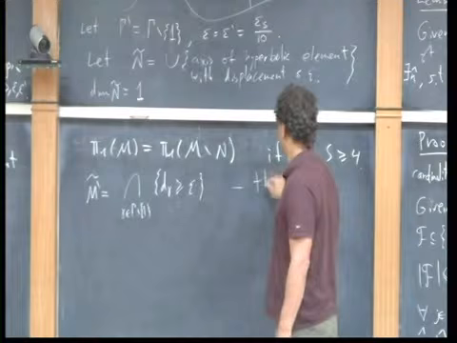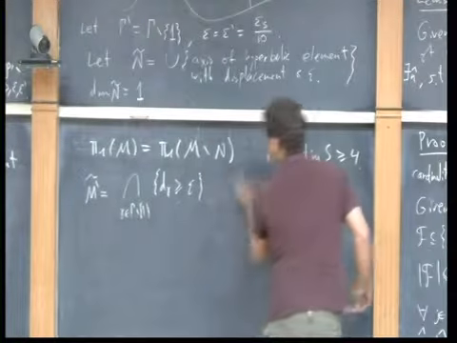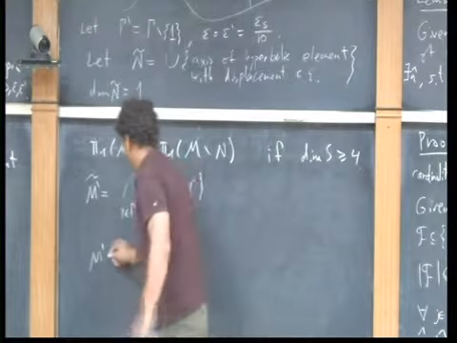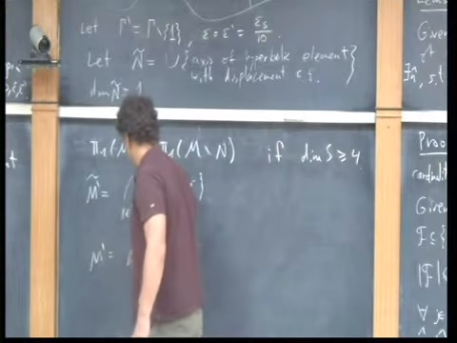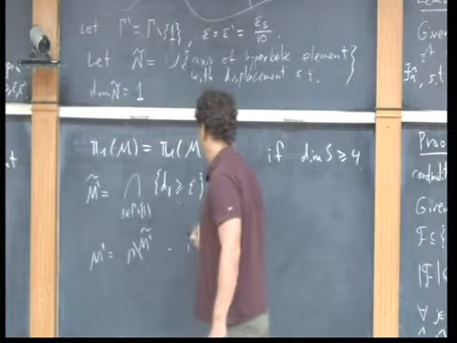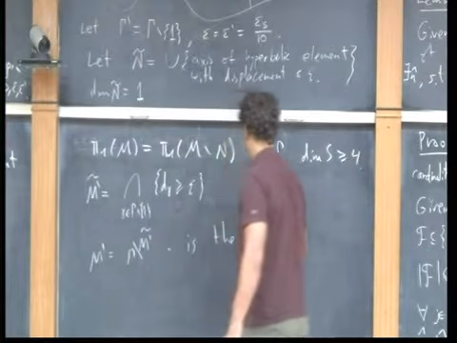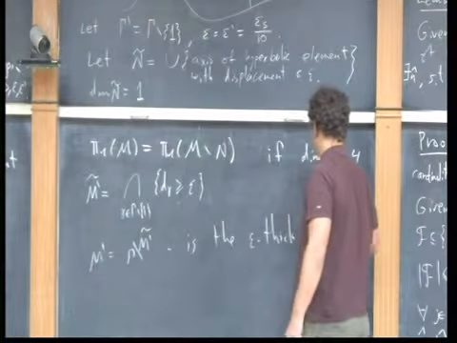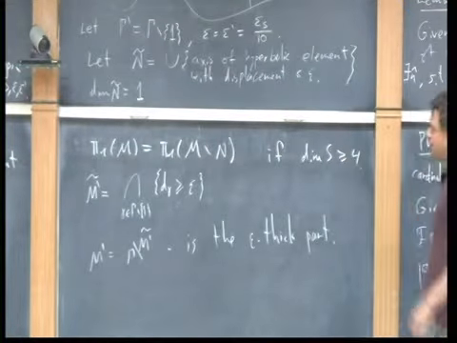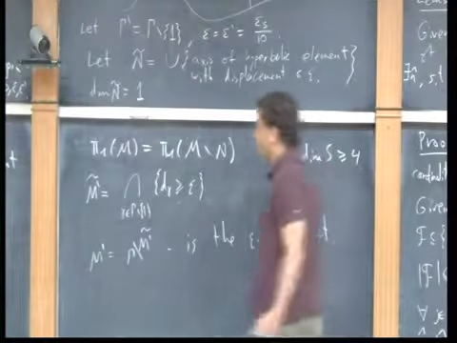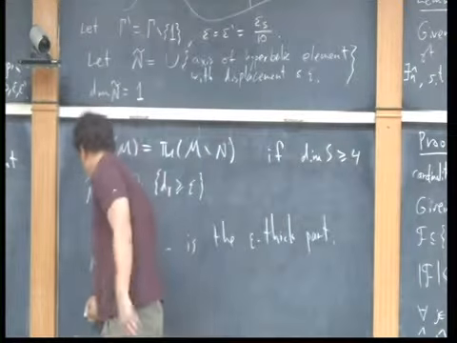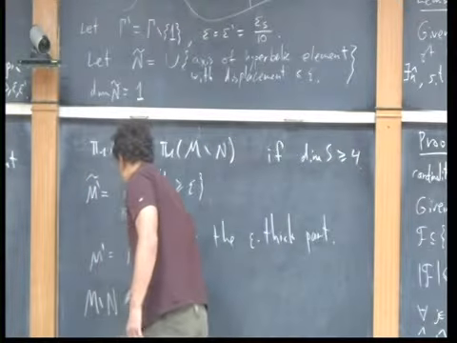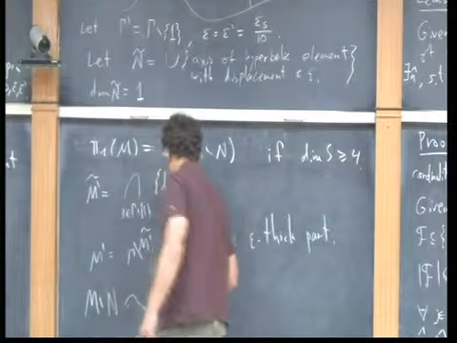Or M prime, the quotient of it, which is M prime tilde modulo gamma, as always, is the epsilon thick part. And first, you have to show that M minus N is homotopic to M prime.